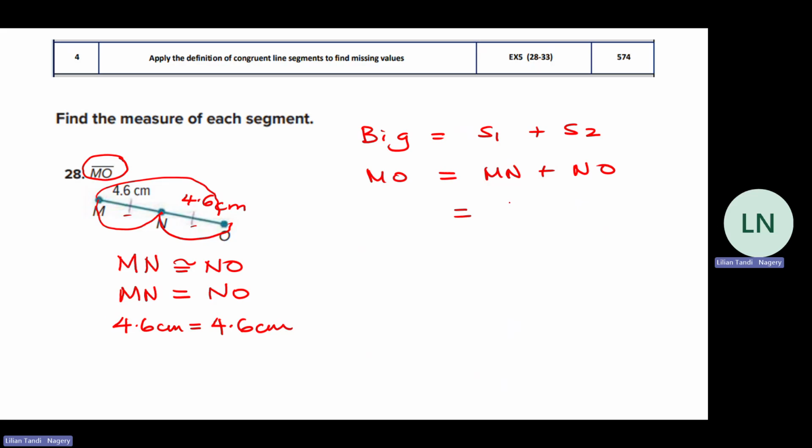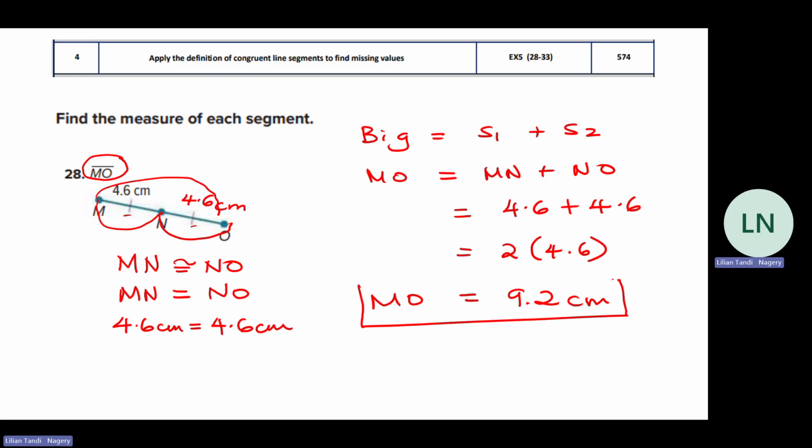But I know MN is 4 6/10 and NO is 4 6/10. This is the same as saying 2 times 4 6/10. This is the same as saying 9 2/10. So that should be 9 2/10 centimeters for MO. Okay? And you box your answer, just like that.